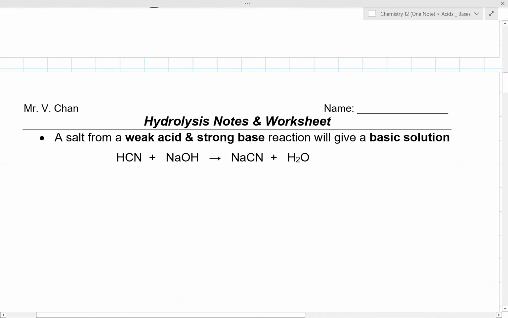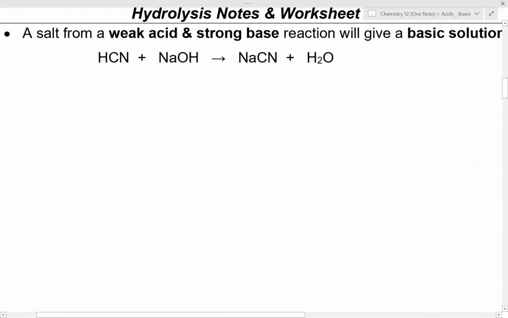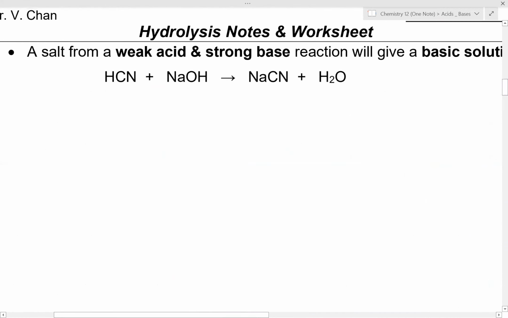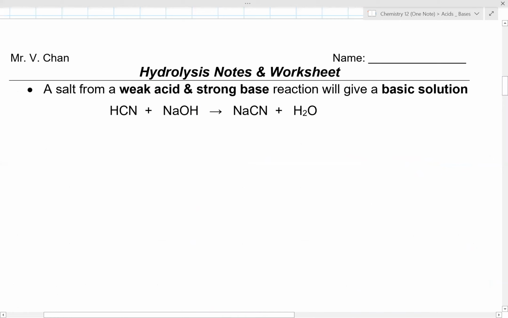Now, conversely, a salt from a weak acid and a strong base will give you a basic solution. Again, you have your acid, which is HCN, and you have your sodium hydroxide, which is a base. Now, you have your double replacement reaction, and what you produce is sodium cyanide.